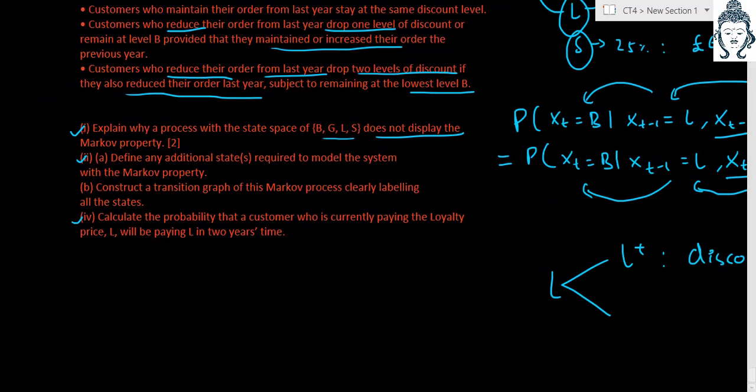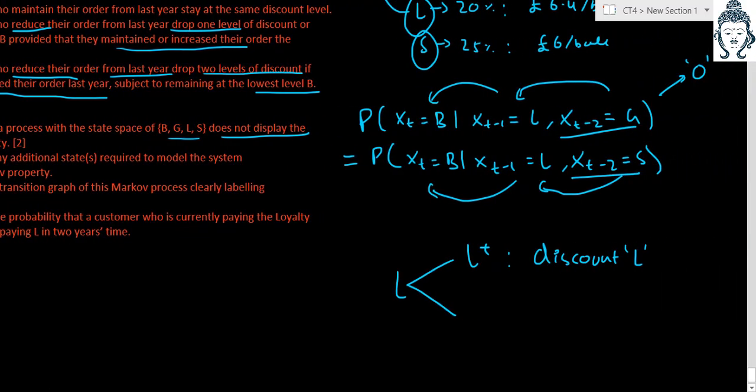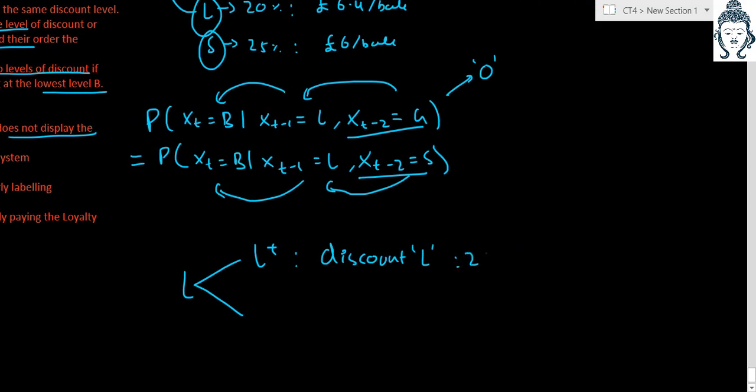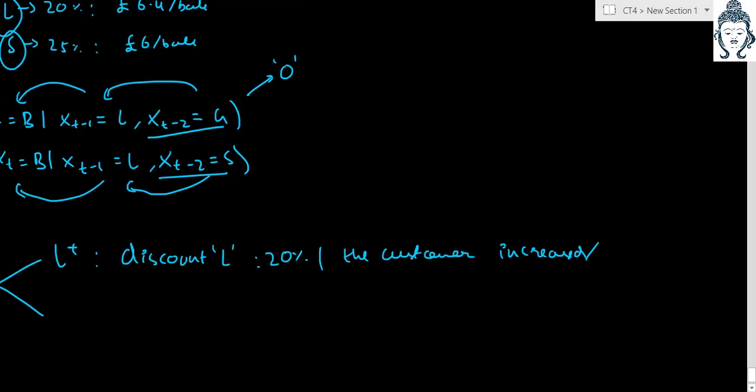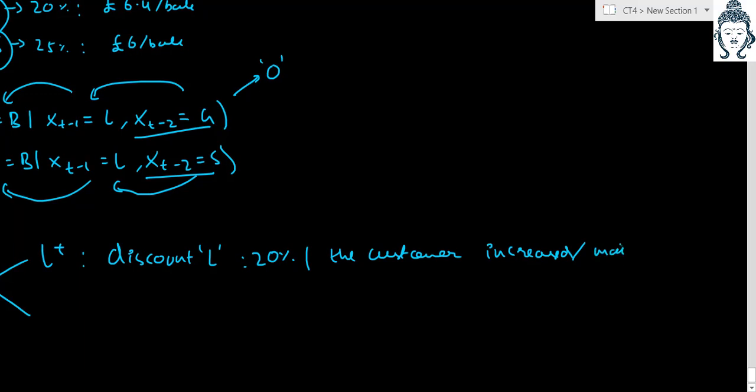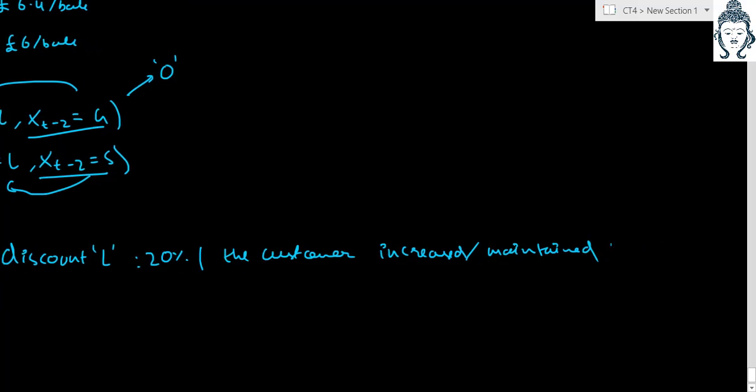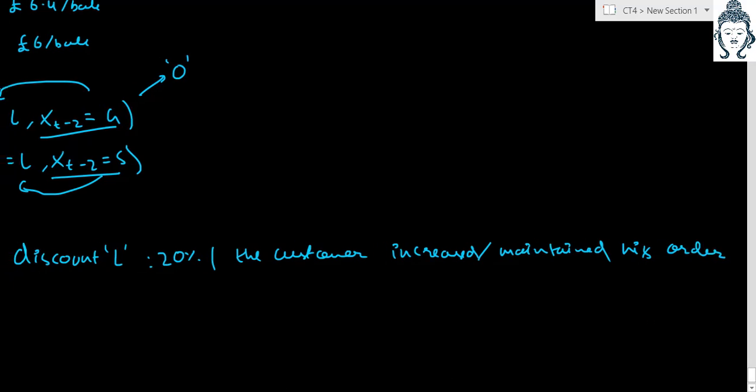Yeah, 20% level of discount, given that the customer increased or maintained his order last year, right?